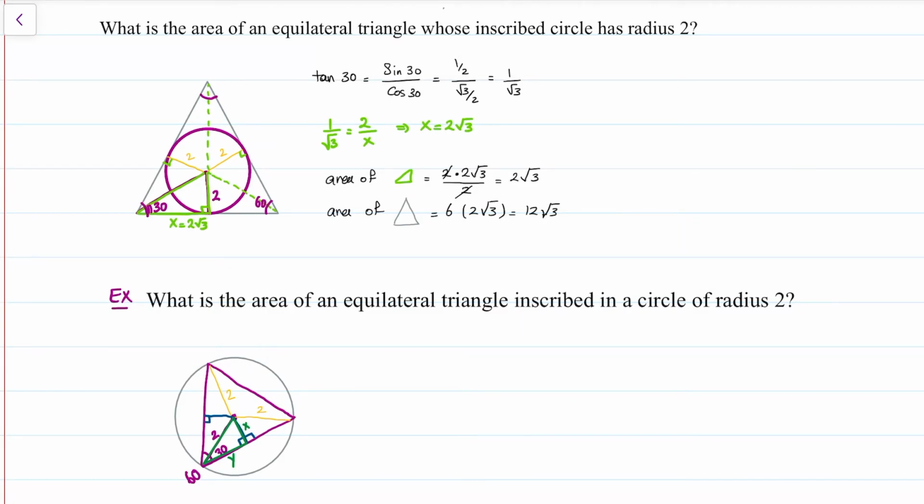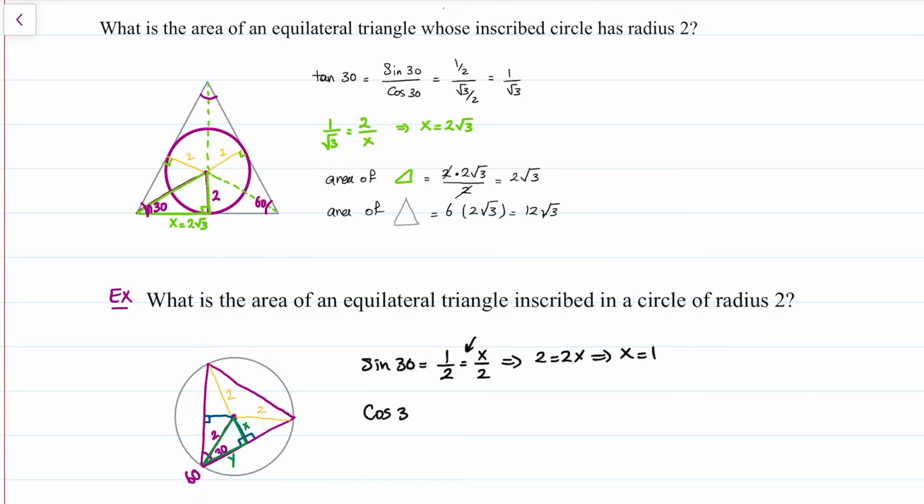So how am I going to find it? I'm going to use the sine of 30. Sine of 30 is 1/2, and it's equal to x over the hypotenuse, so x over 2. Using cross multiplication, 2 is equal to 2x, which means that x is equal to 1. Good, I found x.